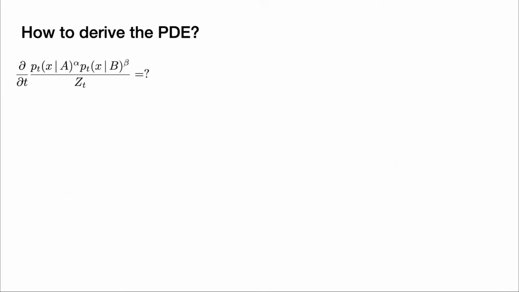And just to give a taste of what these PDs would look like, and the seed for the derivation of these PDs, it's quite straightforward. I think at this point I convinced you that all these operations can be expressed as multiplications to some powers, alpha, beta. Of course, we have to be careful with the normalization constant.